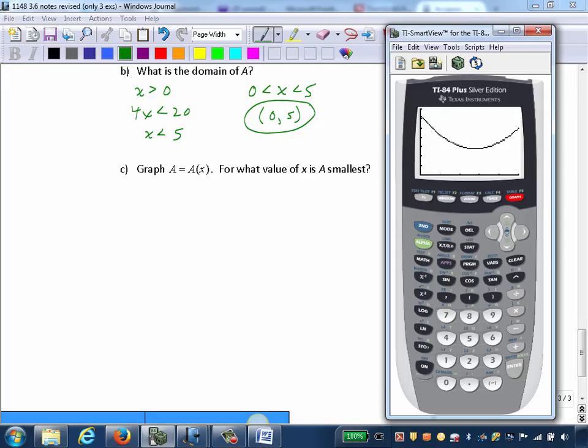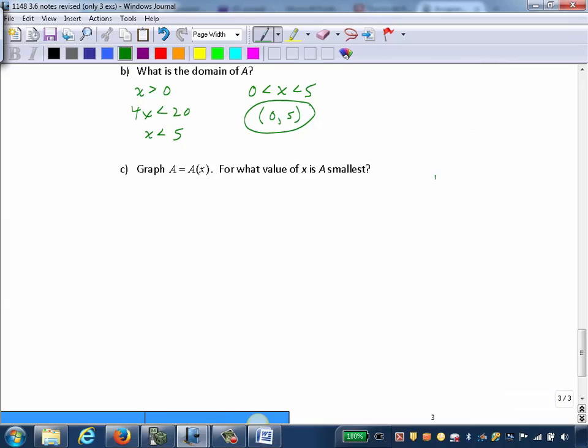Kind of looks like we can see a little dip in that graph, which is good because they're asking us for what value of x is A smallest. So we have a little dip, a local min there in that graph. So let's make a little sketch to have in our notes. Just approximate is all you need.